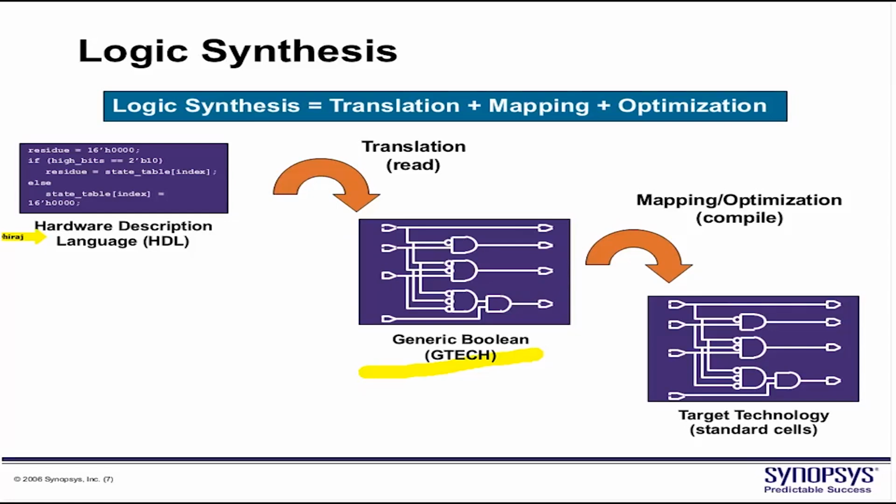I would have a 90 nanometer standard cell library with me. That standard cell library will contain a lot of cells, different types of ANDs, NANDs, inverters, couplers, and so on. And now this generic Boolean will be mapped into this gate level netlist.